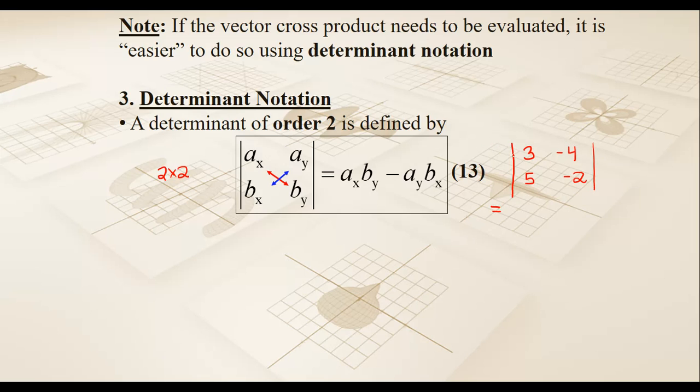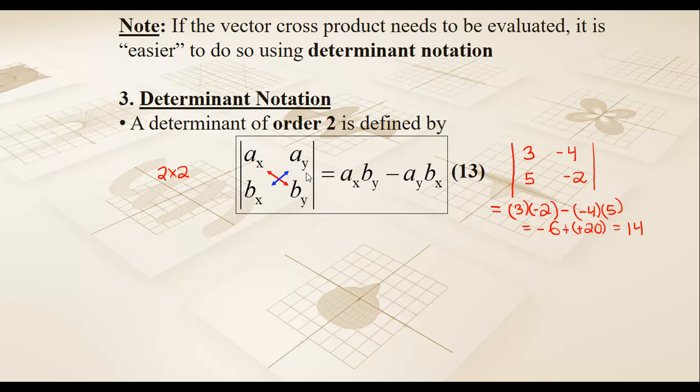You take ax multiplied by by, so that would be 3 multiplied by -2, subtract, and then you go ay, which is -4, multiplied by 5. So 3 times -2 is -6, and then you're going to subtract -20, which is adding a positive 20, so this would be equal to 14.